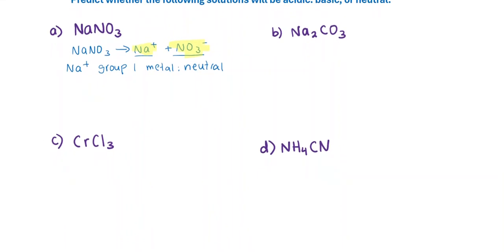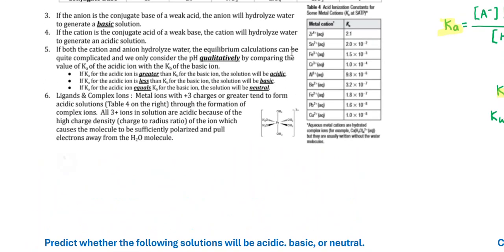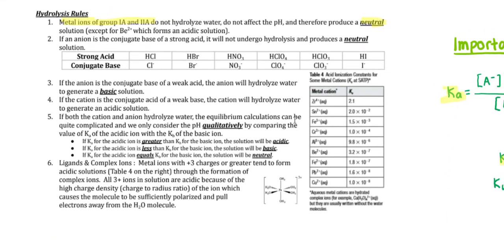NO3 minus is the conjugate base of HNO3, which we know is a strong acid. So if we go back to the rules, this should be rule number 2, where it says the anion is the conjugate base of a strong acid.